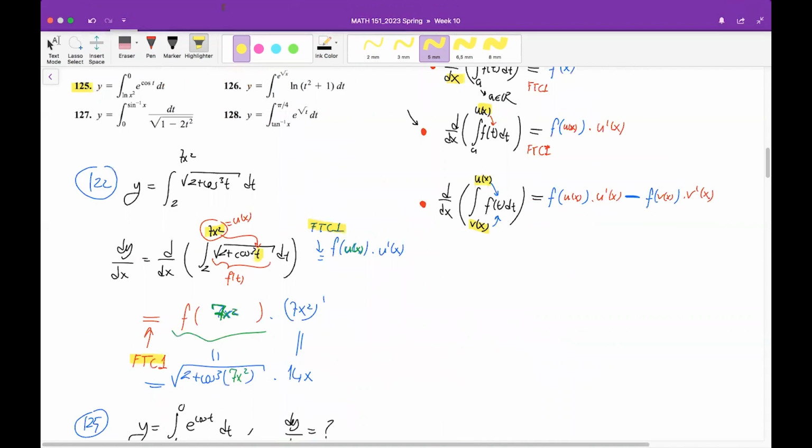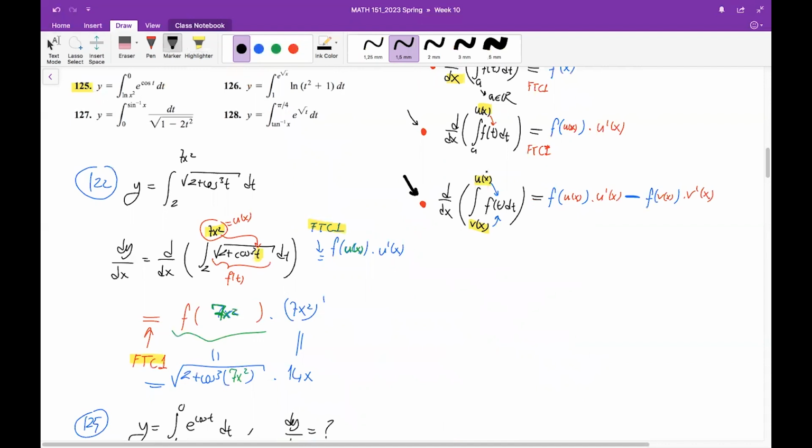Yeah, here. This time, we are applying FTC in the most general form, where both upper and lower bounds depend on x. We will evaluate the given function inside at the upper bound, multiply with its derivative, minus evaluated at the lower bound, multiply with its derivative.